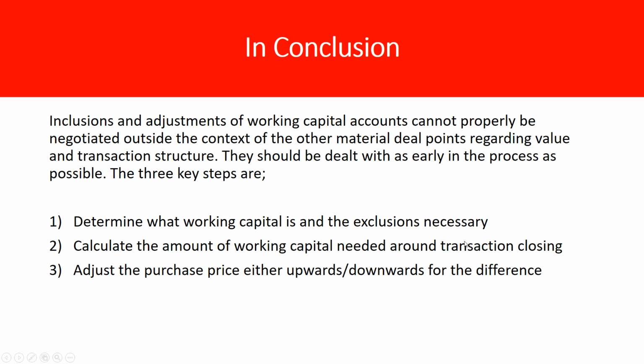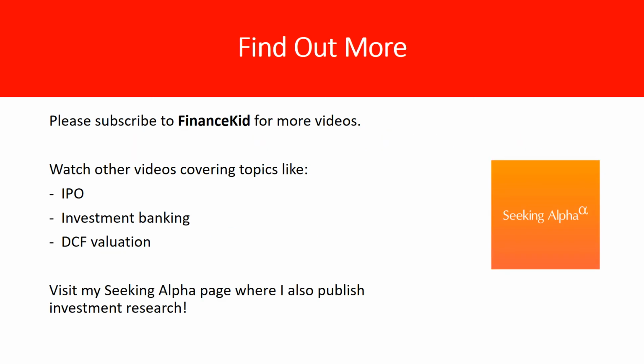So determine how much that normal working capital level is in order to meet your growth projections, your valuation projections for the next 12 months, and then adjust the purchase price either upwards or downwards with regards to the difference between what the actual net working capital is of the business and what the necessary working capital of the business is.